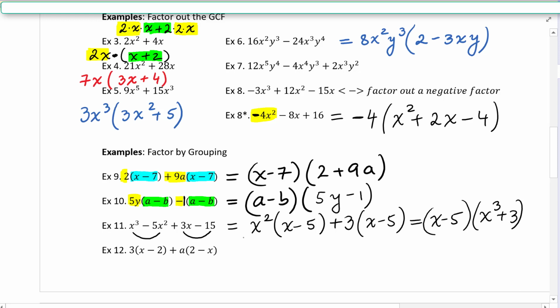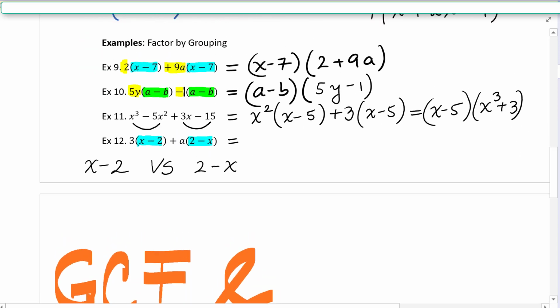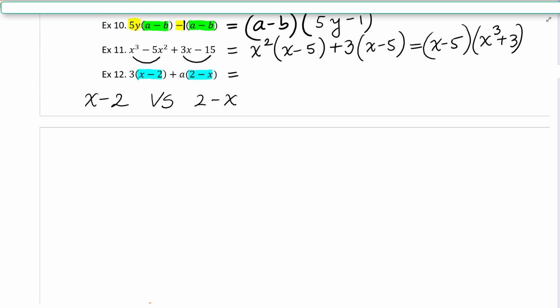And let's take a look at the last one. We see x minus 2 here and 2 minus x. Well, what is the difference between them? So x minus 2 versus 2 minus x. Well, if I factor out negative, or let's say this one, 2 minus x is negative x plus 2, the same thing.